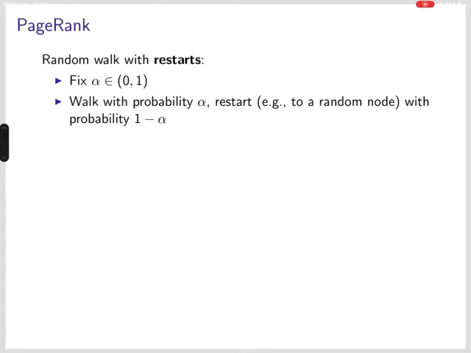So you have a parameter alpha between 0 and 1 that will control the restart probability. From any node, you walk with probability alpha at random, or you restart to a random node, for instance, uniform distribution, with probability 1 minus alpha.